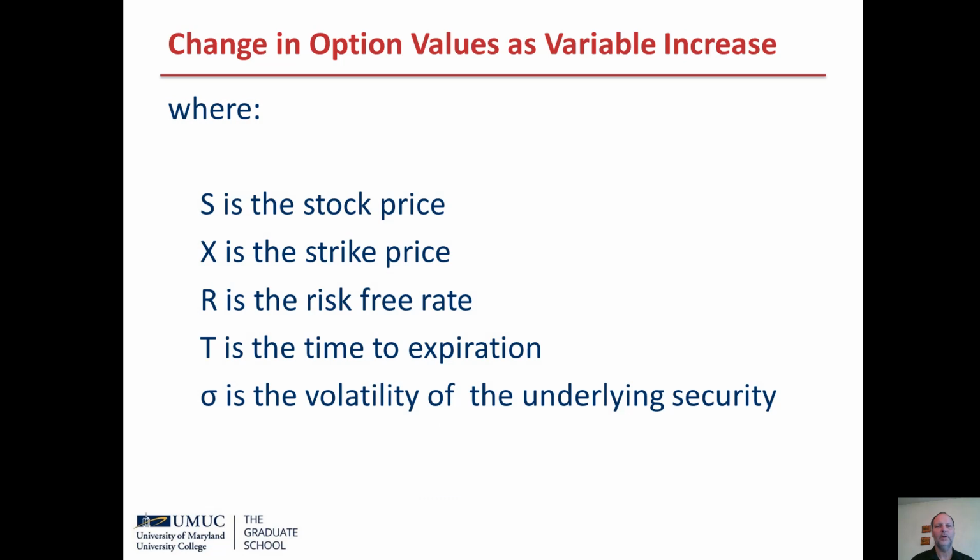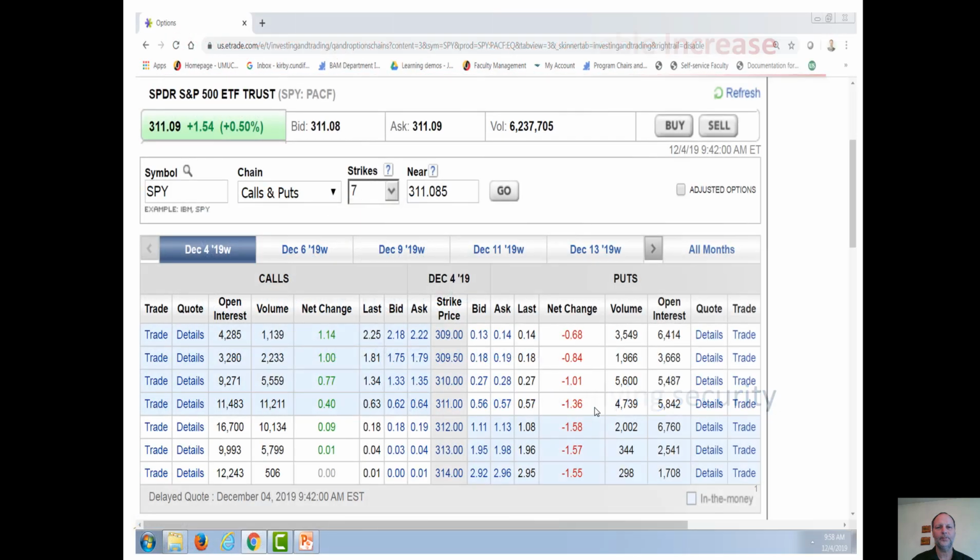Again, the variables here are the stock price, the strike price, the risk-free rate, such as the US government Treasury bill, the timed expiration, and the volatility, which is how much the underlying asset moves up or down. By going to a broker such as E-Trade, we can show how options behave consistent with the past table.